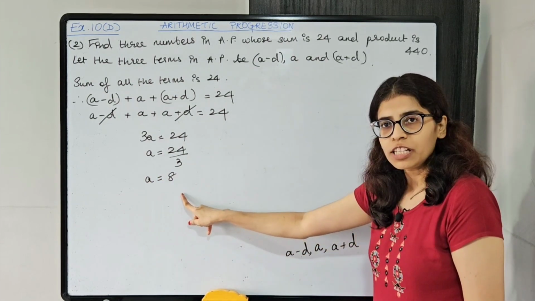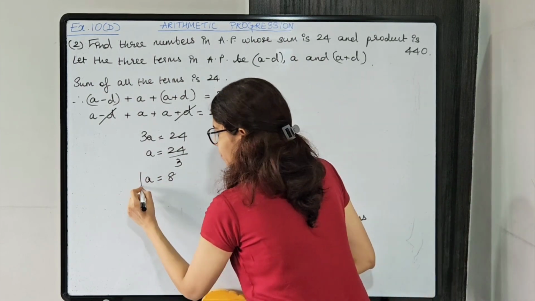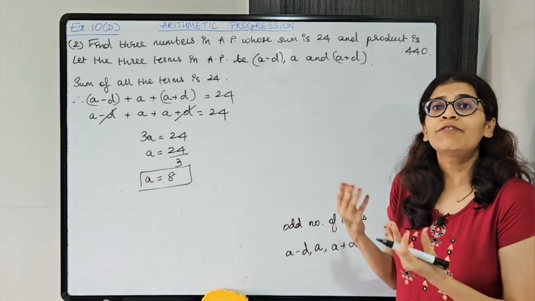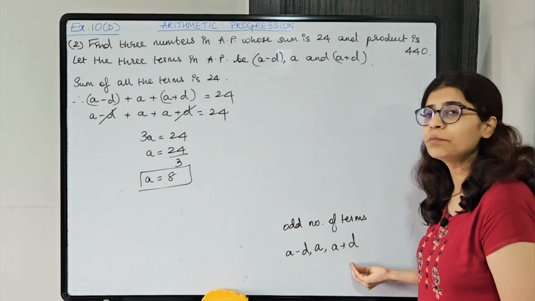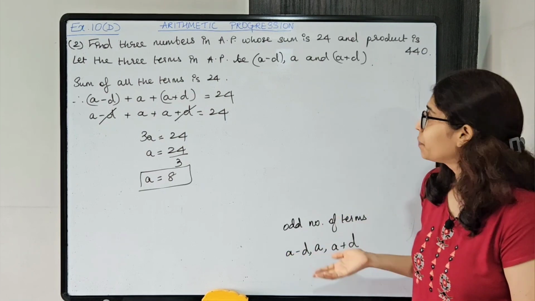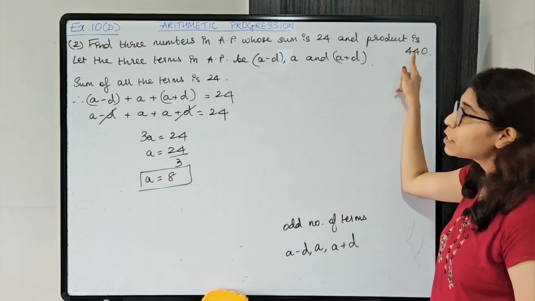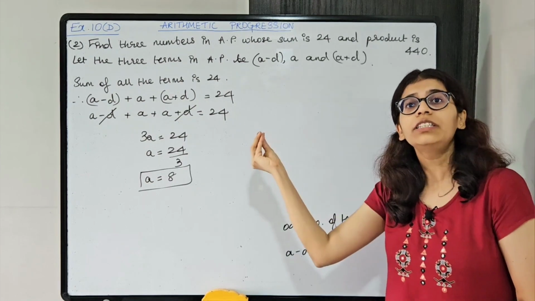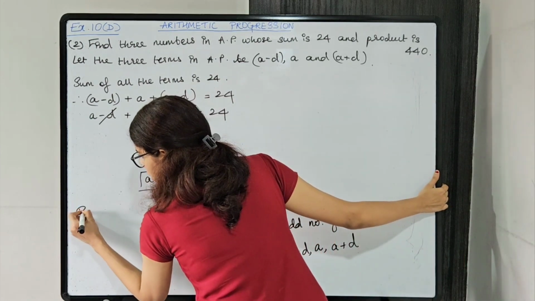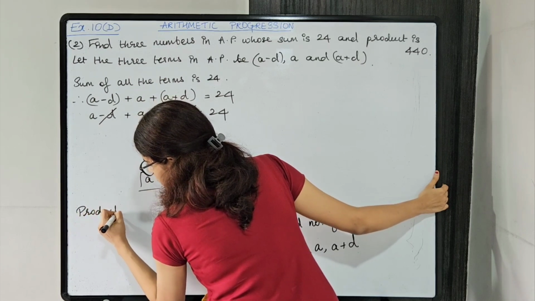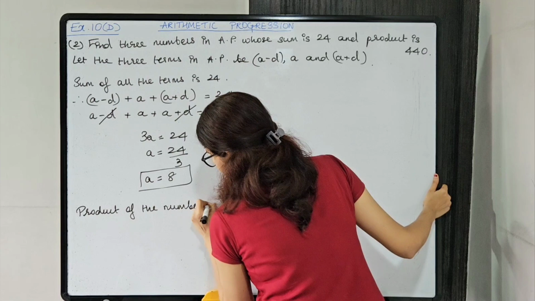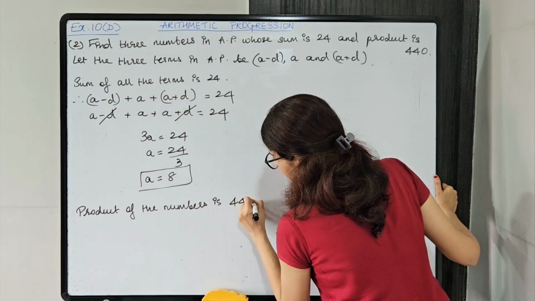a का वैल्यू मुझे मिल गया, ओके। आई नीड टू फाइंड आउट d, है ना, क्योंकि मुझे AP फाइंड आउट करना है, कौन से 3 नंबर्स है ये फाइंड आउट करना है, ओके। सो आई नीड a एंड d बोथ। सेकेंड कंडीशन देखते हैं, प्रोडक्ट इज 440, so product of all the 3 numbers is 440, okay. So product of the numbers is 440.